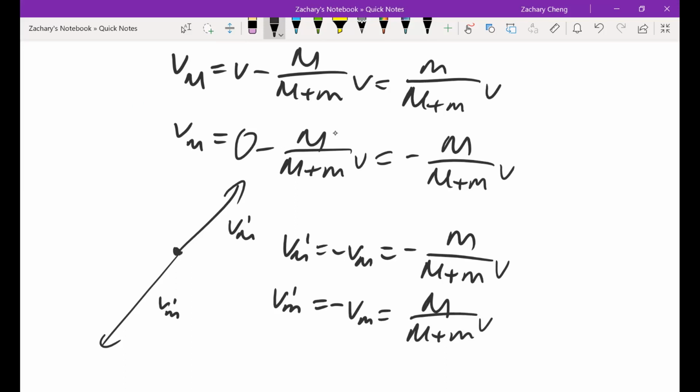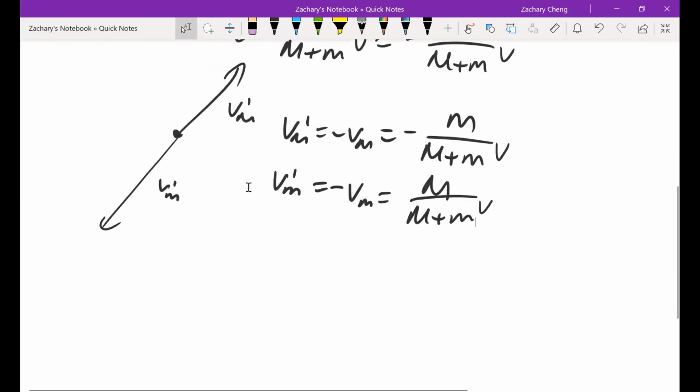Okay, but now we're trying to find the maximum angle of deflection. So we want to find the velocity of this big particle, big M, after the deflection. But we have to consider this in the ground frame, not the center of mass frame, because in the original problem we're looking at it from the ground frame. So now we have to go back.